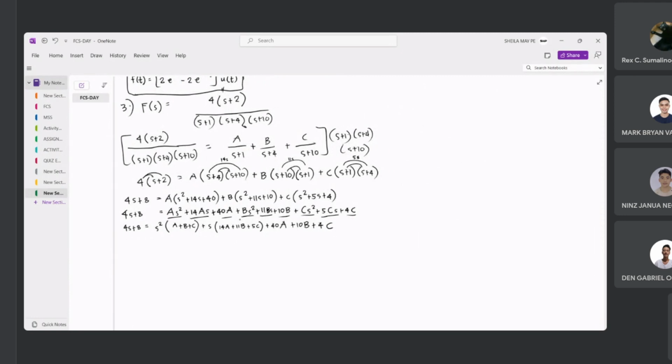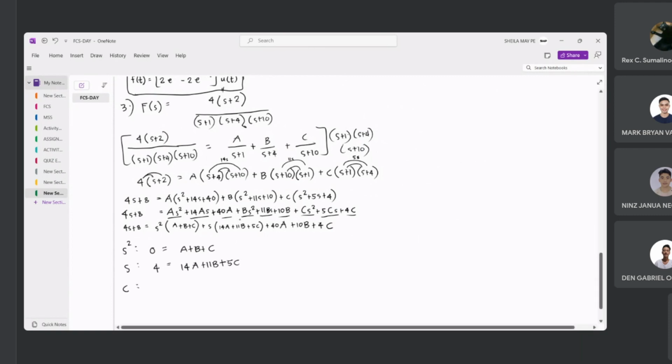Let's start with the s squared. We don't have s squared on the left side, so that's 0. On the right side, that's A plus B plus C. For s, we have 4, and that's 14A plus 11B plus 5C.